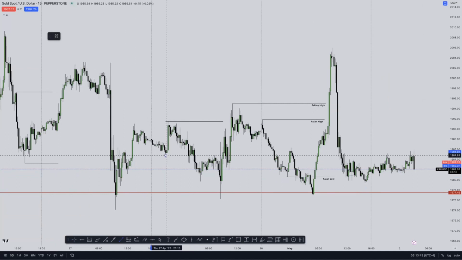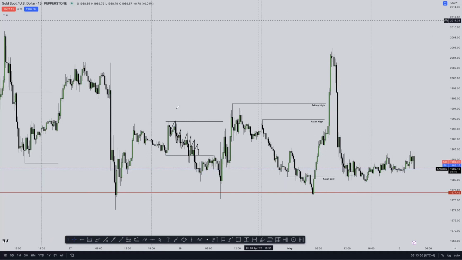So here to here. So what do we have? We have a buildup of liquidity. One side gets broken out of, and then suddenly, oh, the shift. Buy, done. It's a fractal market maker buy model.